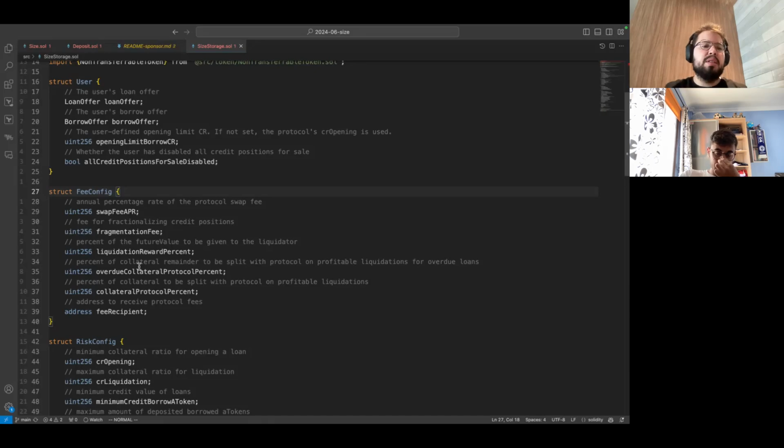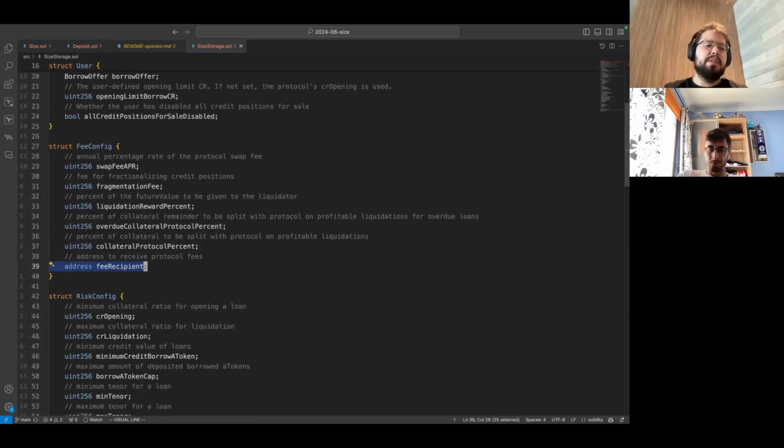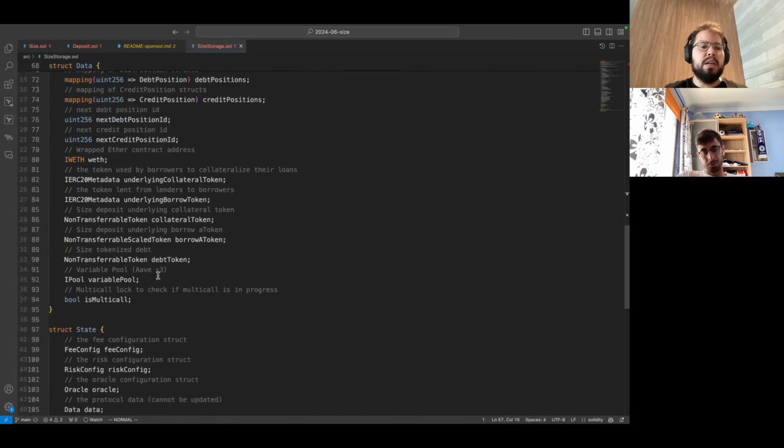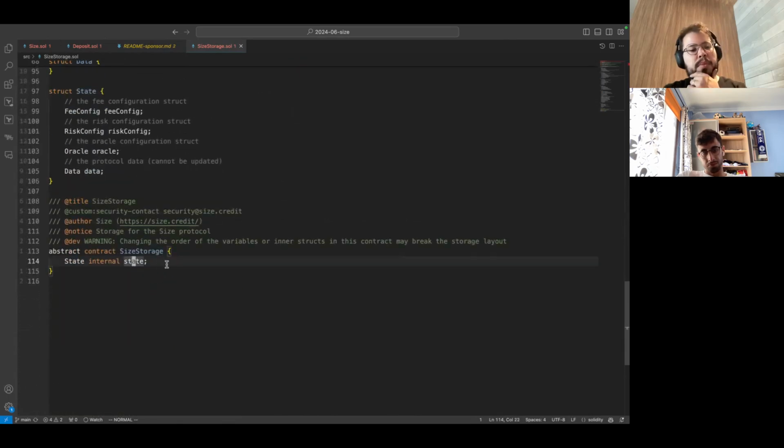And then there's a bunch of internal structs where we consolidate each specific concern. This is everything related to fees: there is a fee here, there is another fee here, this is the liquidation reward, there's the fee recipient, etc. And this is all the other structs. So there's a single state.